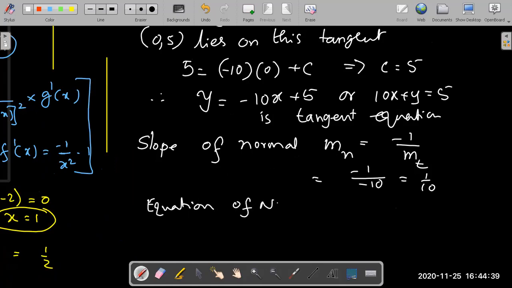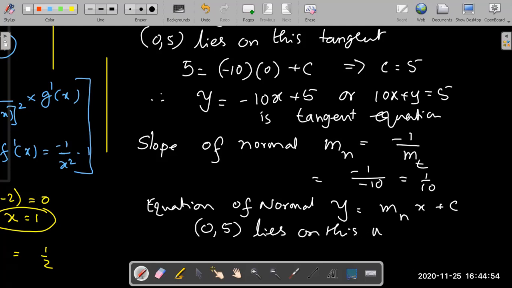The equation of the normal is y equal to m normal multiplied by x plus c. Same thing, (0, 5) lies on this normal, and therefore it has to satisfy this equation.